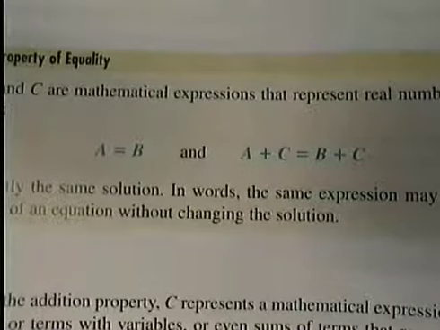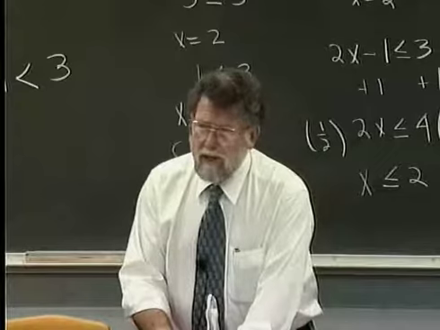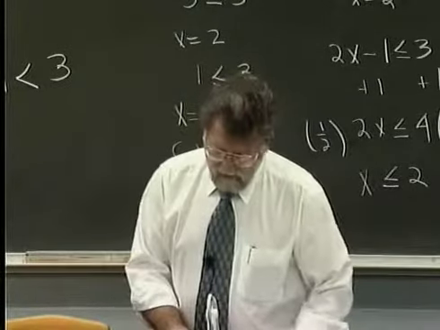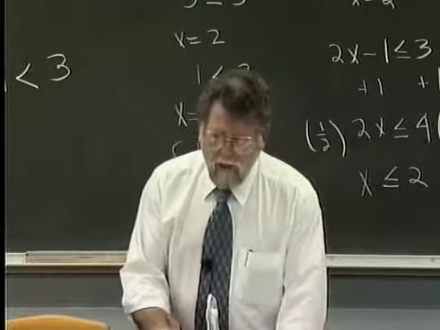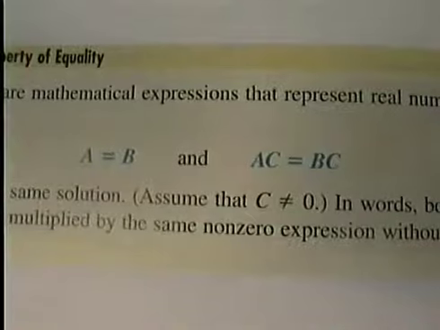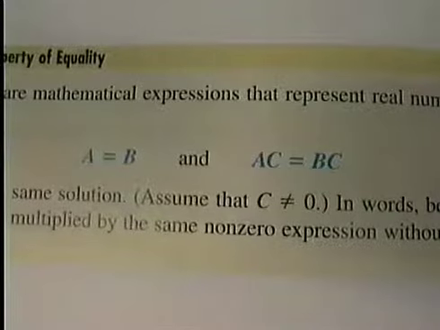This is sometimes referred to as the well-defined property of equality with respect to addition. There is, in a similar way, a well-defined property of equality, as we go to the book, for multiplication, where we think of multiplying both sides by something not equal to 0.